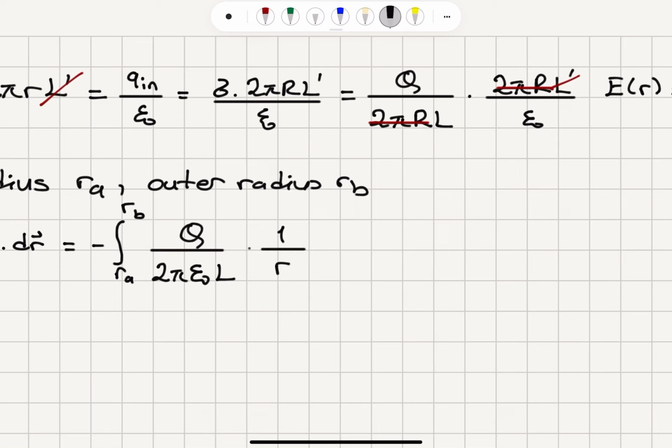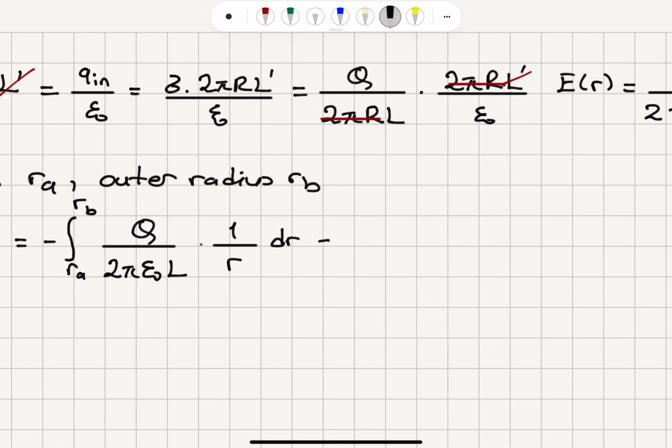Because the electric field and displacement are in the same direction, we simply write dr. This is the integral of dr over r, that's natural logarithm of r, Q over 2 pi epsilon 0 L.